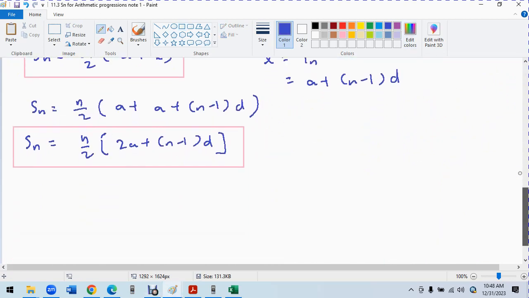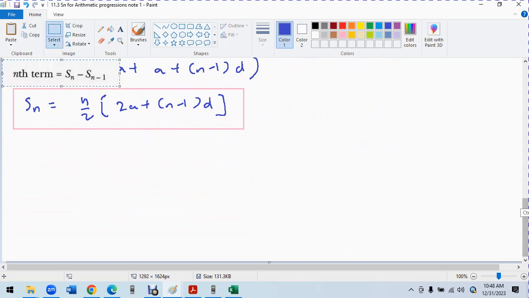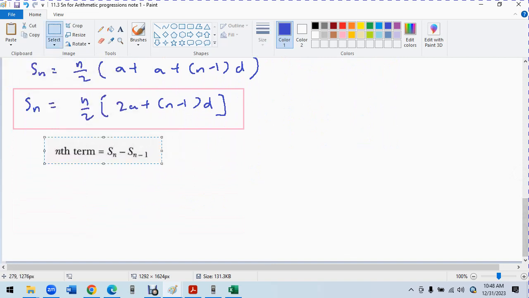Before we continue with the example, we need to note that the nth term Tn is Sn minus Sn minus 1. Why does this happen?